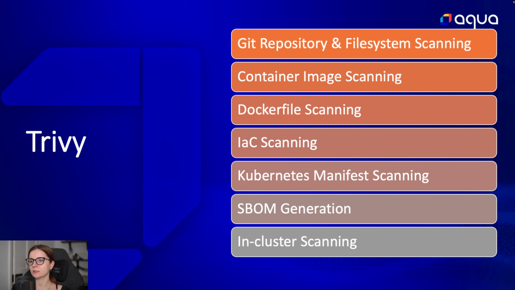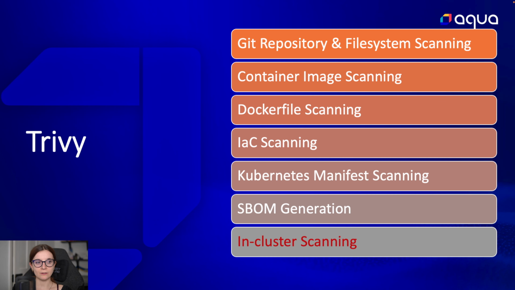Container image scanning, Dockerfile scanning, infrastructure as code scanning, Kubernetes manifest scanning, whether that's a Helm chart or Kubernetes YAML manifest, SBOM generation, in-cluster scanning, and lots more. We just added AWS scanning, so you can scan any services that are spun up in your AWS account directly through Trivy as well.